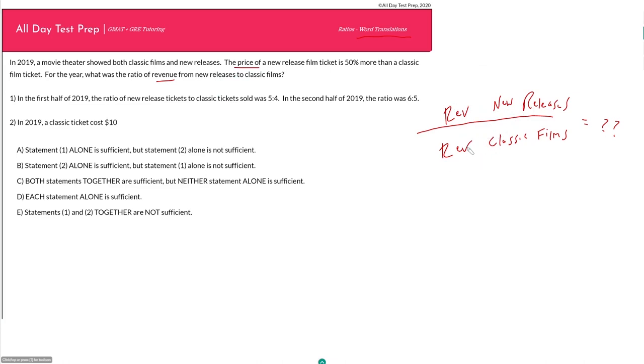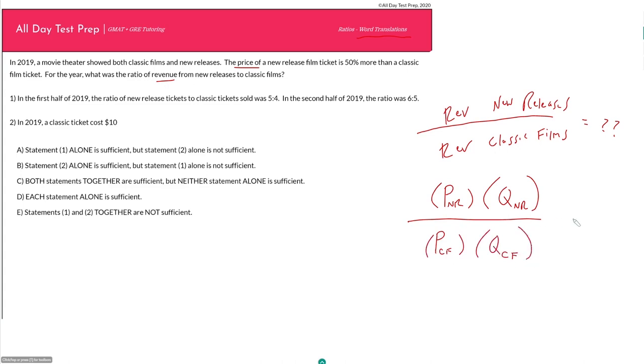So when they're asking for the revenue of new releases to the revenue of classic films, they're really asking for the price of my new releases times the quantity of new release tickets sold, all over the price of my classic films times the number of classic film tickets.